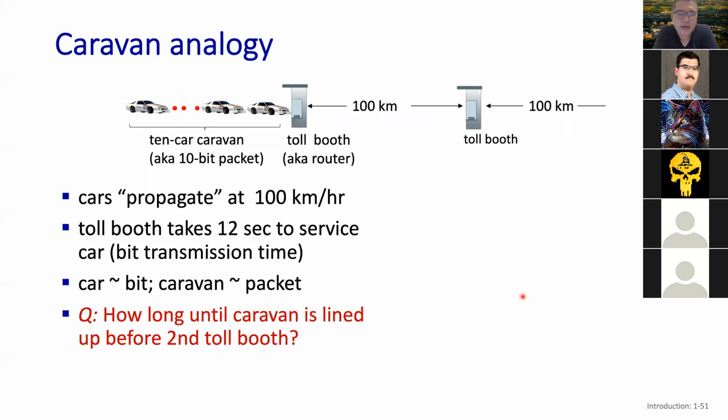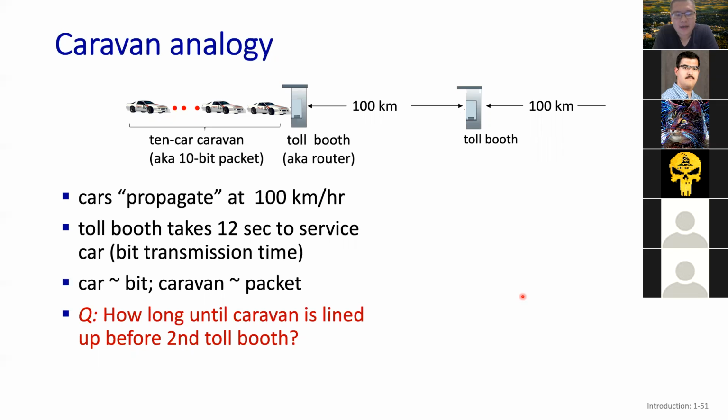Suppose the cars propagate at 100 kilometers per hour between the two booths. When you pass a booth, you have to pay some service fee. Every 12 seconds, the booth processes or serves one car, and this is like the bit transmission time.